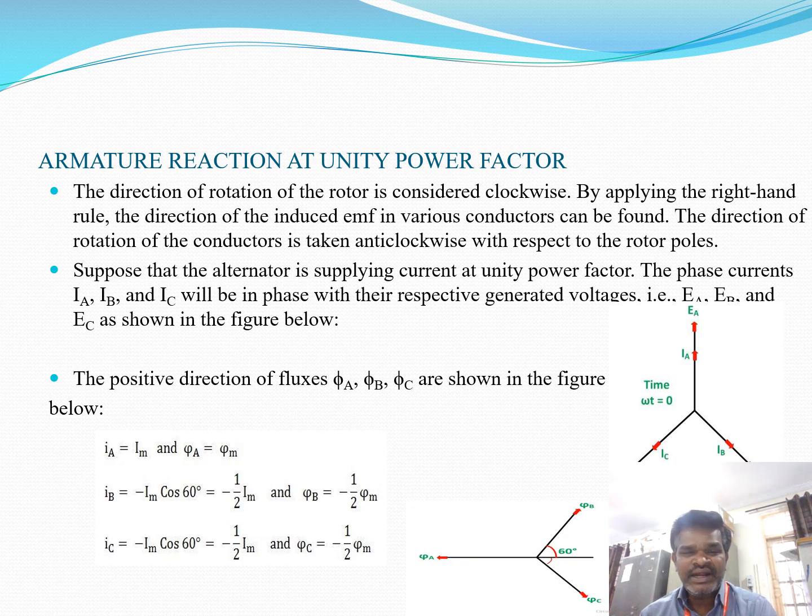By applying the right hand rule, the direction of induced EMF in various conductors can be found. The direction of rotation of conductors is taken anticlockwise with respect to the rotor poles. Suppose that the alternator is supplying a current at unity power factor, the phase currents IA, IB and IC will be in phase with their respective generated voltages.